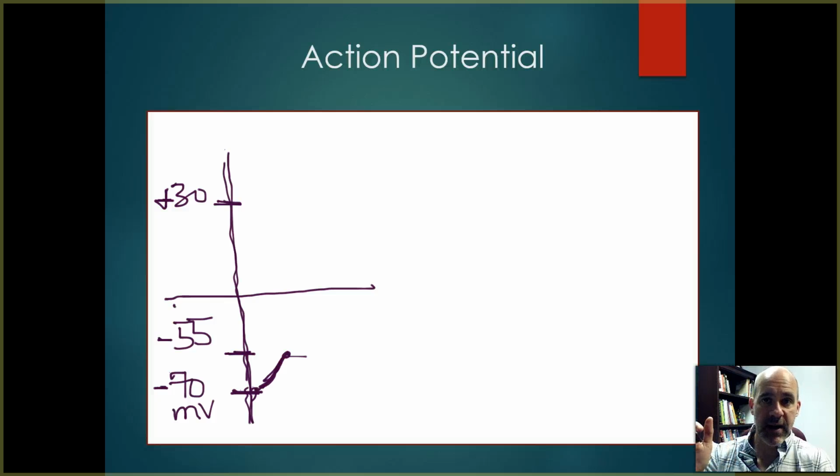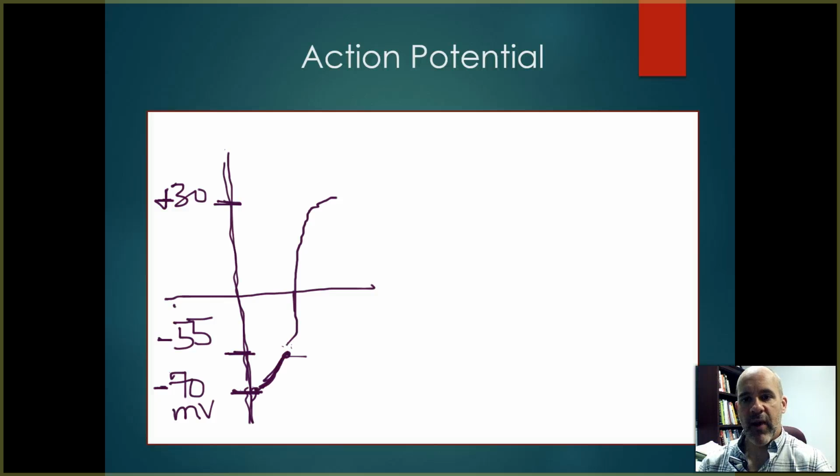But if it hits minus 55, you got enough sodium that came in to raise it up to minus 55. You've got these voltage-gated channels that swing open, and they allow lots of sodium ions to rapidly come in.